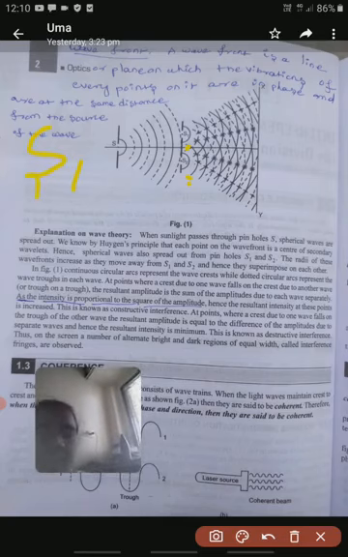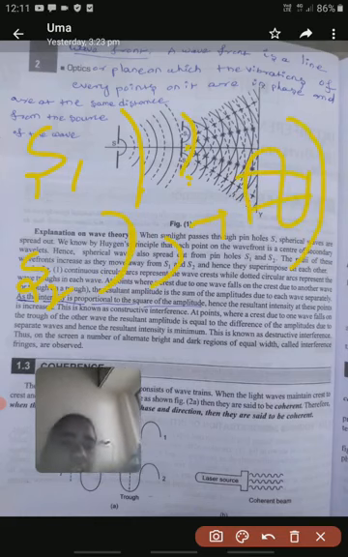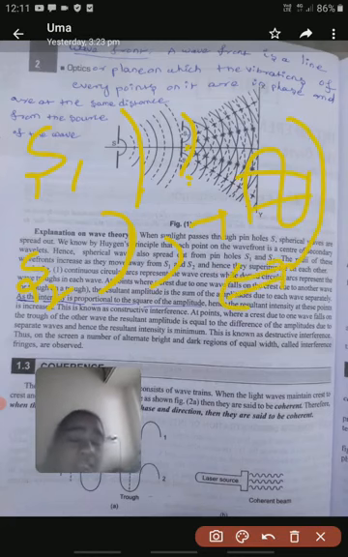From S1 this is a crest, from S2 this is a crest. When two crests are incident or superimpose, then we get a high intensity crest, or high intensity light. This we call constructive interference.